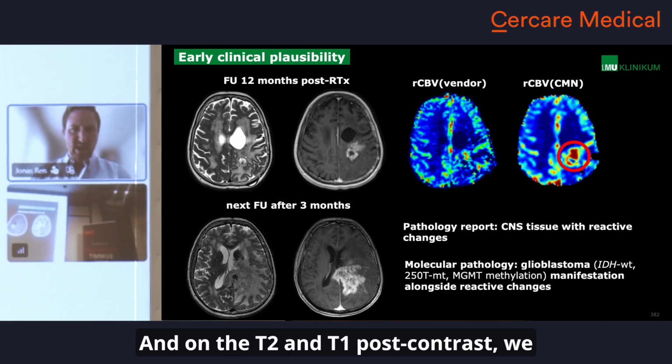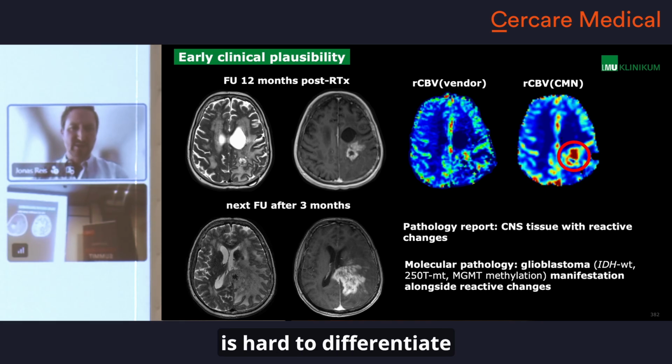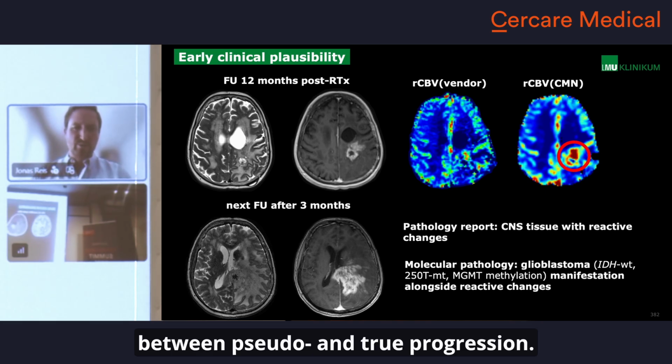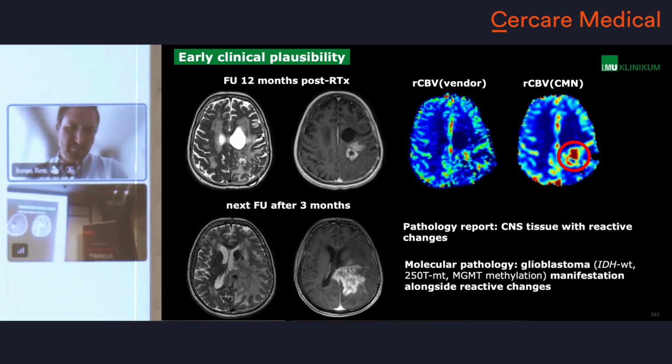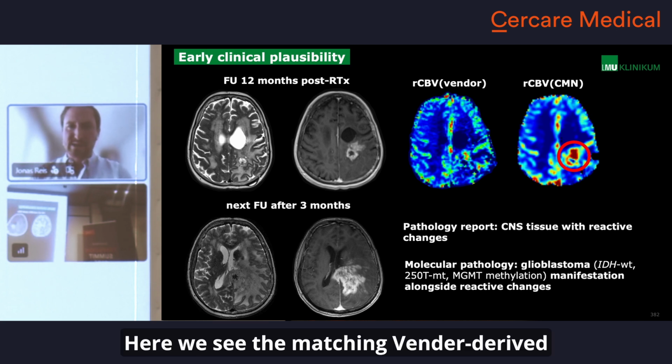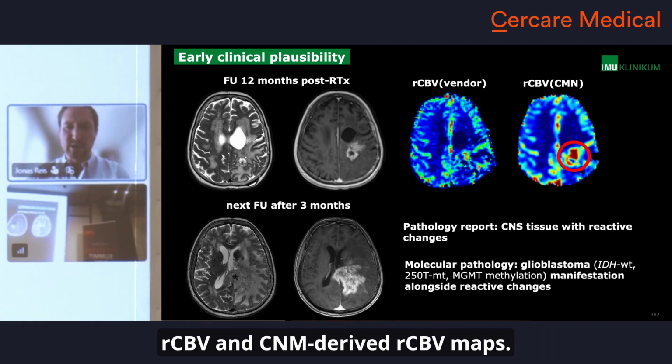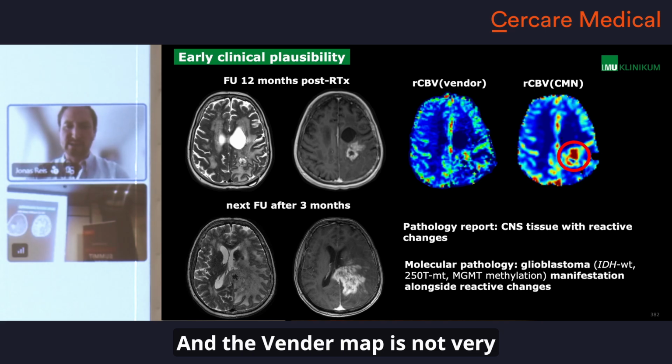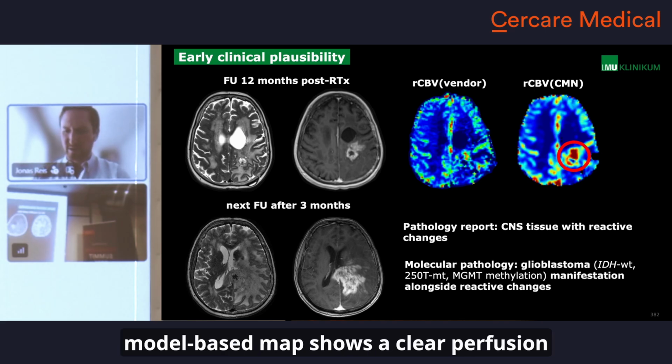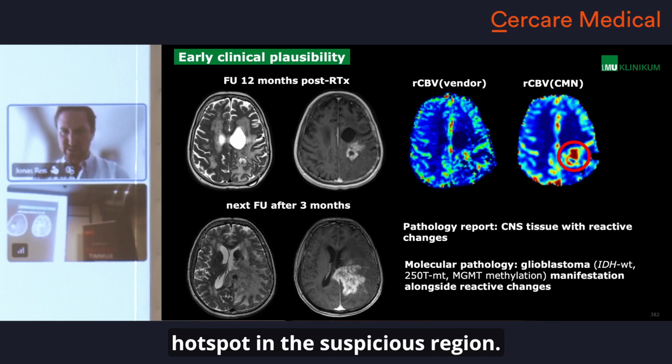On the T2 and T1 post-contrast, we see a new lesion that is hard to differentiate between pseudo and true progression. Here we see the matching vendor-derived rCBV and CMN-derived rCBV maps. The vendor map is not very convincing, but the model-based map shows a clear perfusion hotspot in the suspicious region.